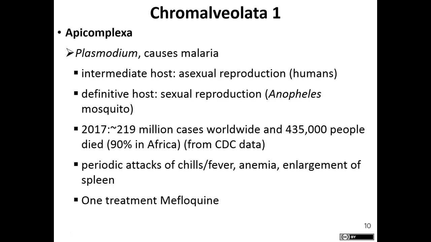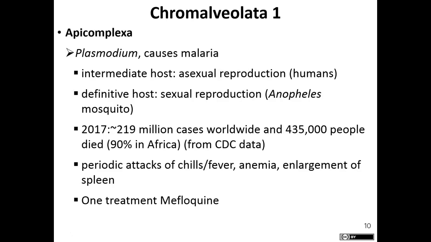There are treatments for malaria. One of the treatments is Mefloquine. The problem with treating diseases associated with protozoans is that they're eukaryotic, and so are we, so a lot of times the treatments can cause harm to the host also.